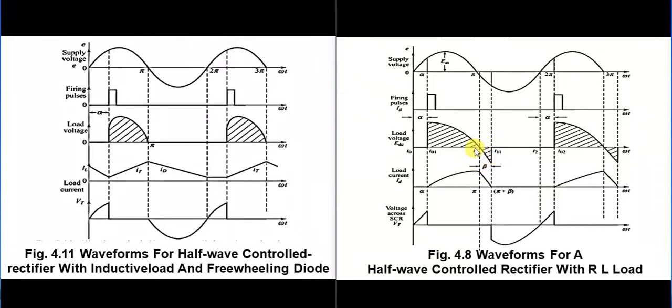This is called half waving, a reverse load voltage because of the inductive load. In figure 4.11, there is no reverse voltage, there is no half waving. This half waving is removed by using a freewheeling diode.